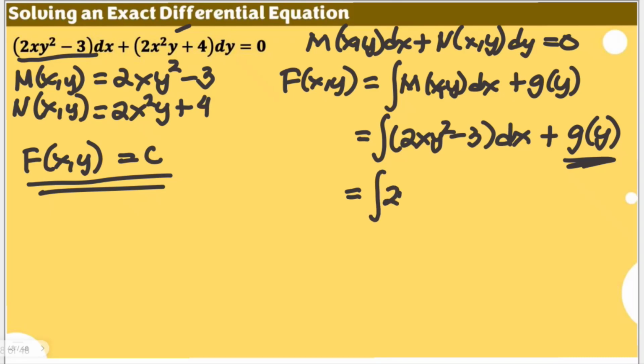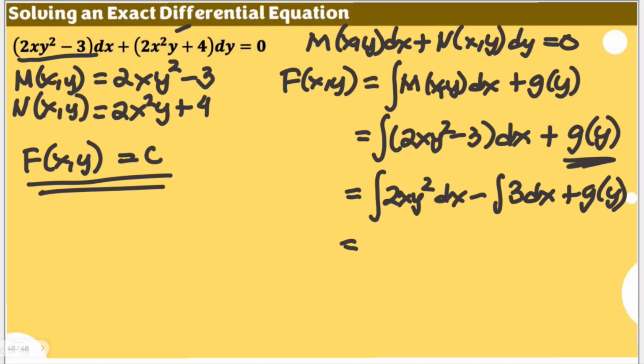Now, we can take this as the integral of 2xy squared dx minus the integral of 3 dx, plus, of course, g of y. I usually do this in my classes. I just move out the constant so that it will be easier for me to integrate. Let's remember that we are integrating in terms of x.